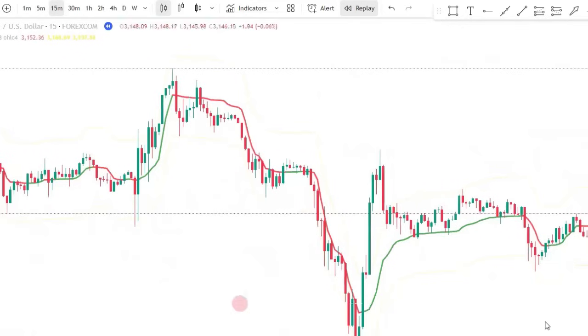So I want you to really understand what I'm showing you here. Once we're green, right, and price is being supported, you literally have the ability to take that trade and benefit from the profits. Now, what I'm going to be dropping here is some solid rules so that you understand how to be using this in the most effective way so that you can be benefiting as much as you can from the financial markets.